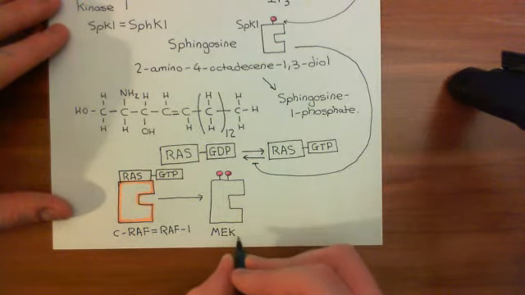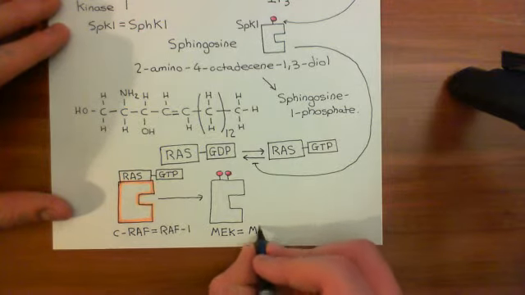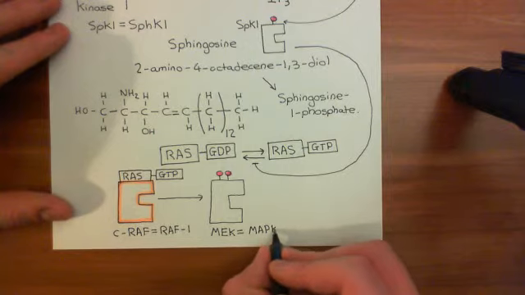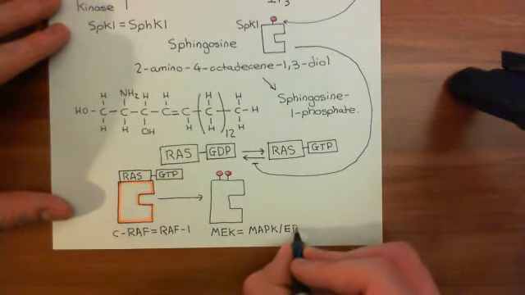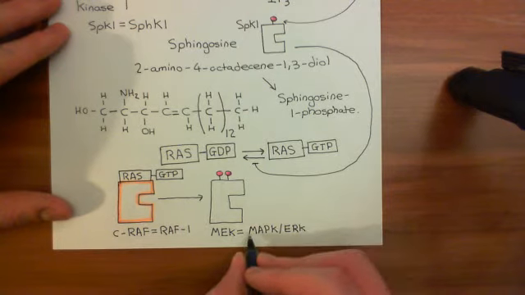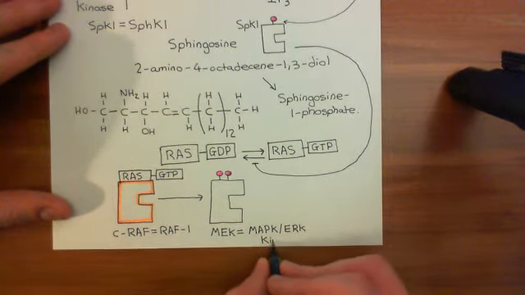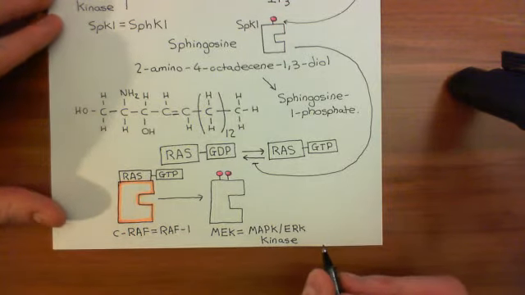Okay, now MEK is short for MAP kinase, or in fact, actually, I'll explain this in a moment. We'll just say MAPK/ERK, ERK. So this is what the M is for, MAPK. You take the M, and that's the M here. Then the E is for ERK, and then the final K is for kinase. So this is MAPK, ERK, kinase.